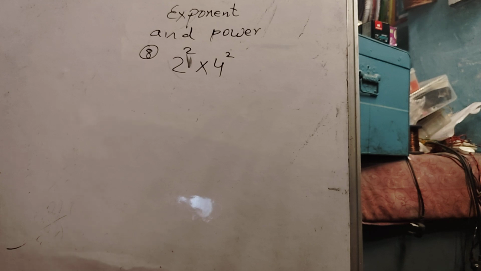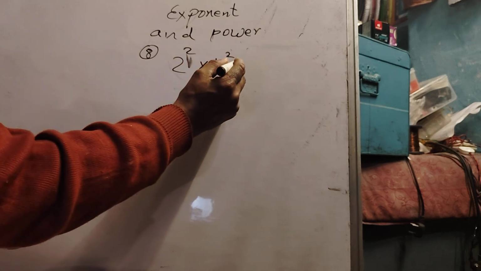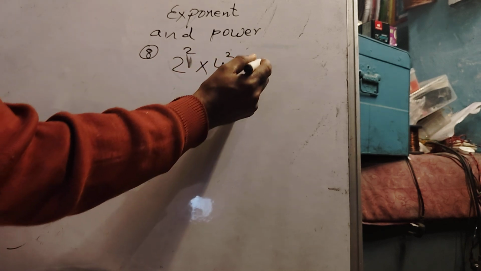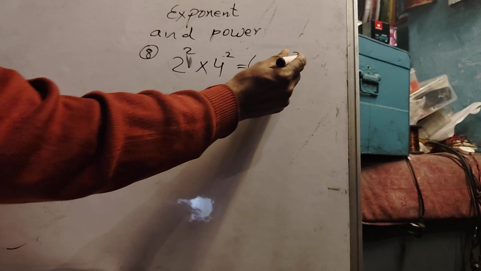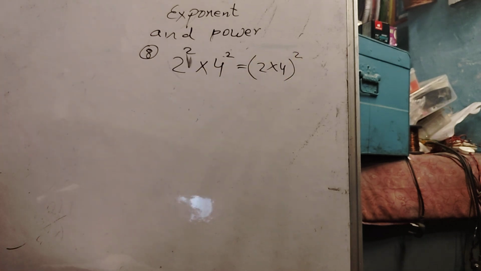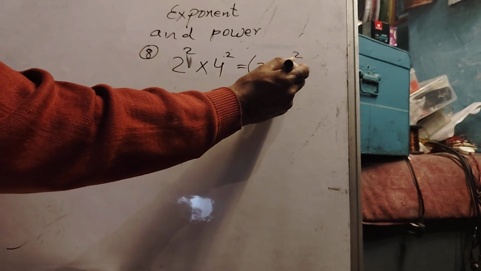What is its value? Because the base is different, we multiply the bases and write the power one time outside the bracket. So 2 times 4 is 8, and 8 power 2 is the answer.